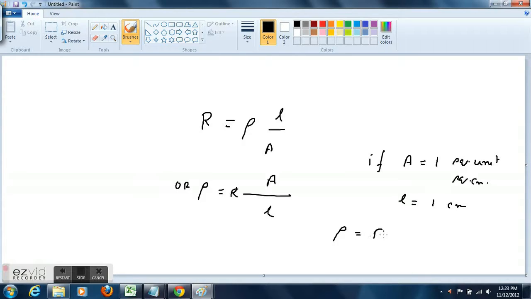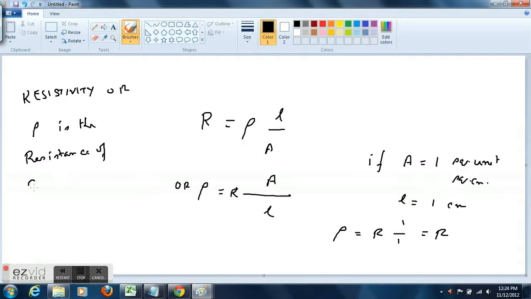If the length of the resistance is 1 unit, then rho equals R into 1 upon 1, that is equal to R. That means for a conductor having 1 square meter cross section of area and 1 meter of length, the resistance of that conductor is called resistivity.